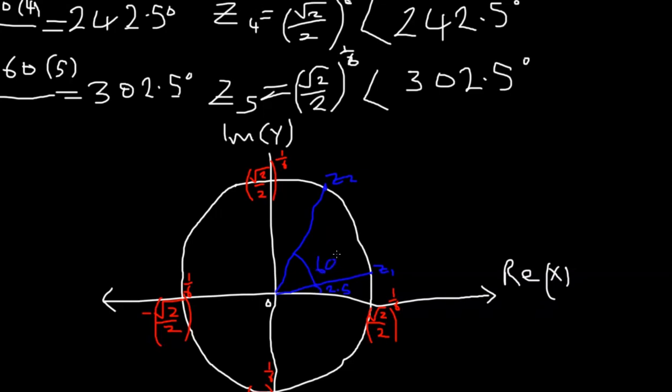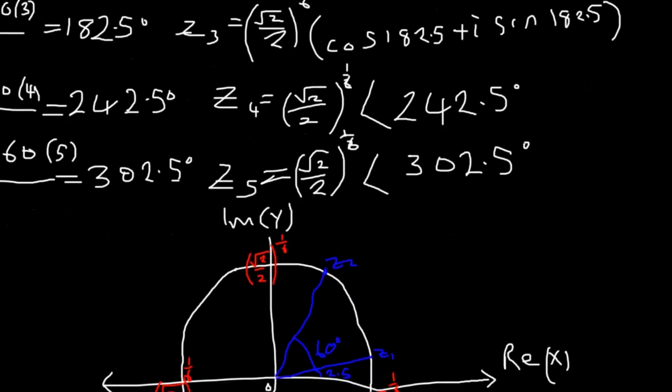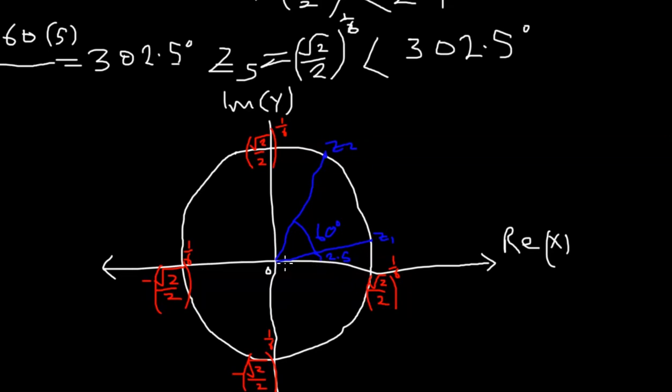Then I'm going to measure my Z3 with the angle 122.5. So 122.5 minus 60, you get 62.5. So it's just the same as drawing another 60 degrees here.